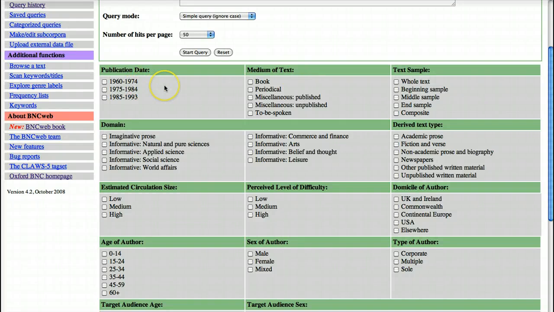So we could, if we wanted to, look at texts that were only written between these dates. Slightly more useful and interesting searches might be to look at the medium of the text.